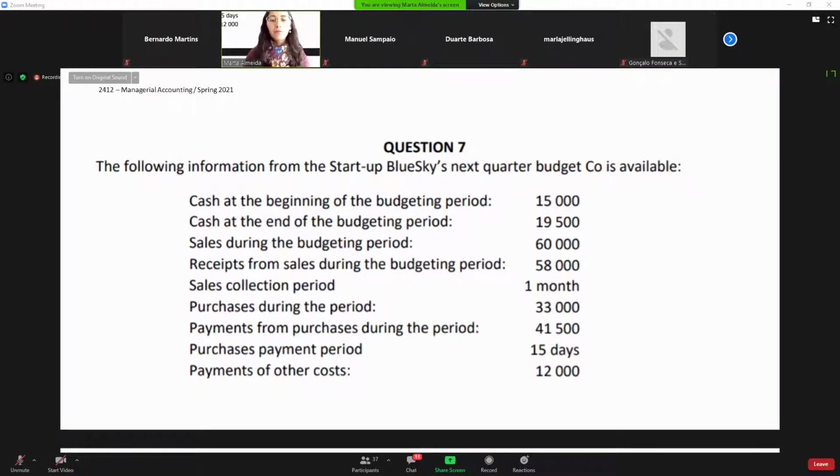So this is the relevant information we want to look at to calculate the amount of payables at the beginning and the amount of payables at the end of the period. So who can tell me how we can calculate the amount of payables at the beginning of the period?